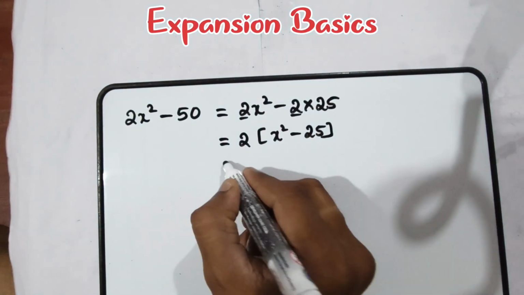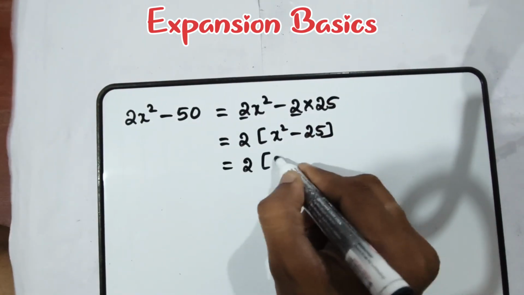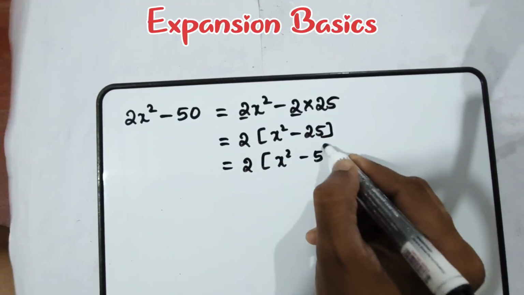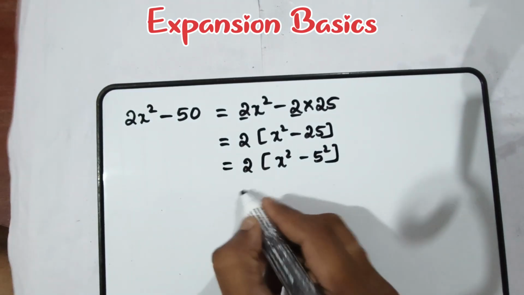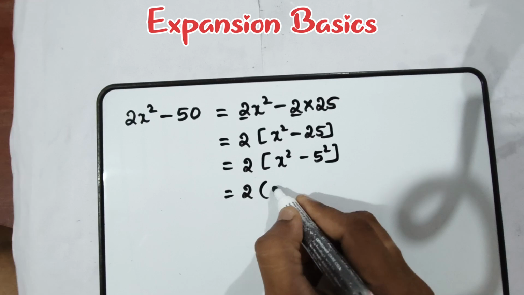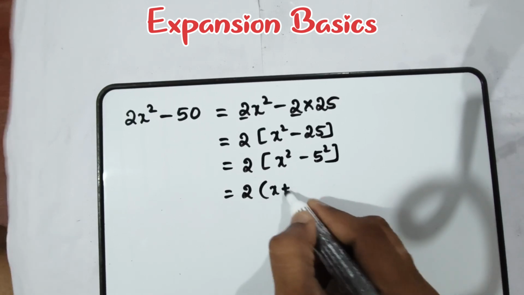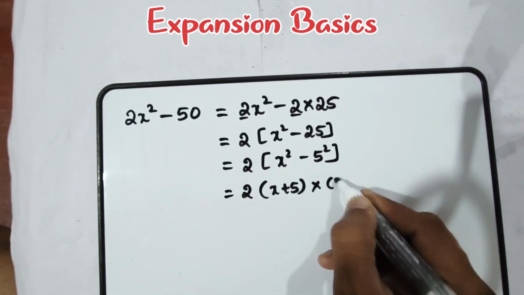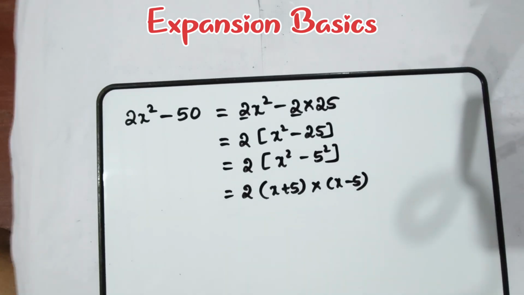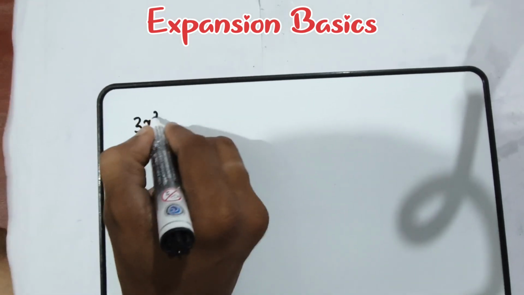Now 25 is 5 square. Again it is converted into a square minus b square formula, that is a plus b into a minus b: x plus 5 into x minus 5.